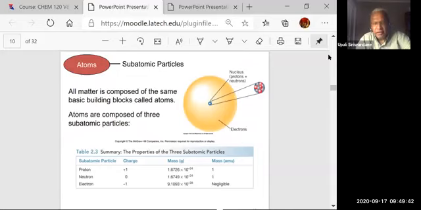Mass-wise, the neutron is slightly heavier; it has slightly greater mass than a proton. The reason for that, we think, is that a neutron is formed by the reaction of a proton and an electron, the electron neutralizing the proton.